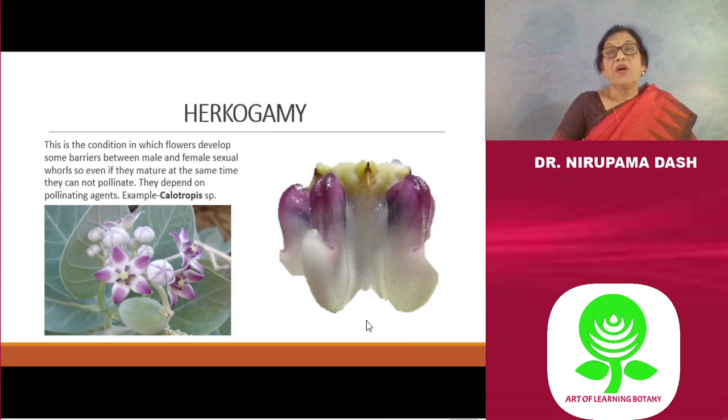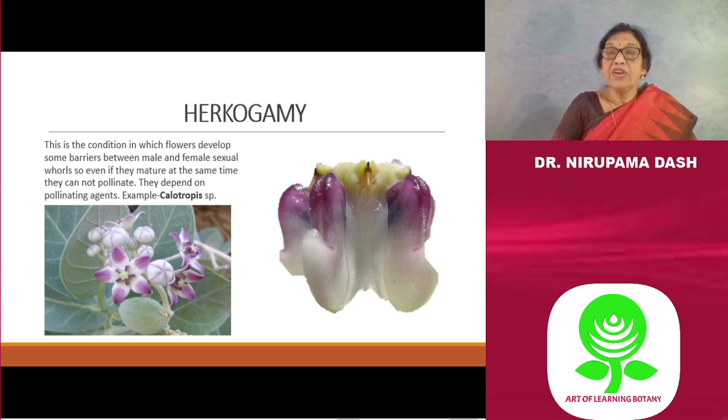Coming to herkogamy, this is another condition. Here there are some physical structural barriers between the anther and the stigma. A very good example is Calotropis, where the pollen grains are attached to form pollinia, and the style is attached to the wall of the anther to form the gynostegium.